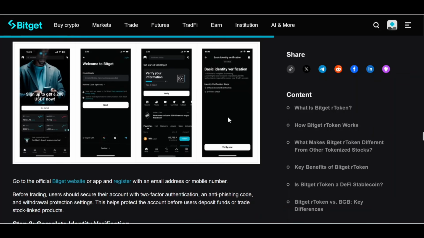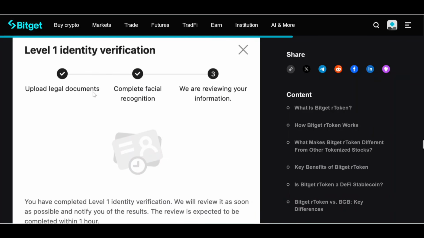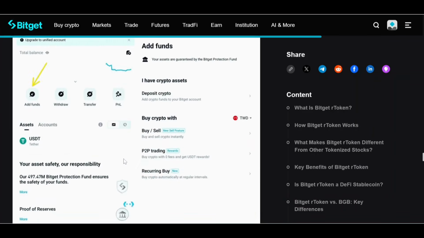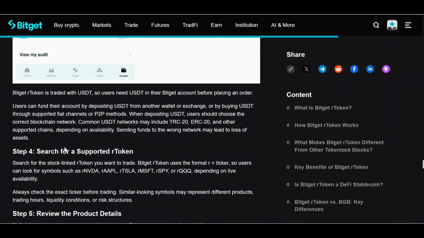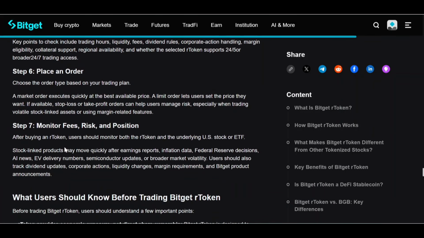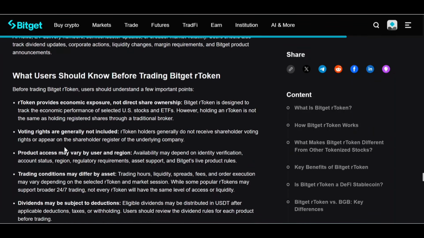You go through the KYC process, you get your official document verification, the legal documents, complete facial recognition, then they review it. Once those steps are done, you can go ahead and add funds, and once you add funds, you can participate in some of the products that they have available for you. You could see some of the different steps and things that you can do.